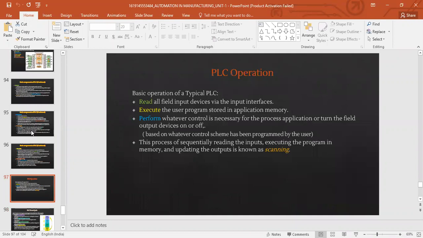We saw the operation, the basic steps as to how a PLC operates, right?